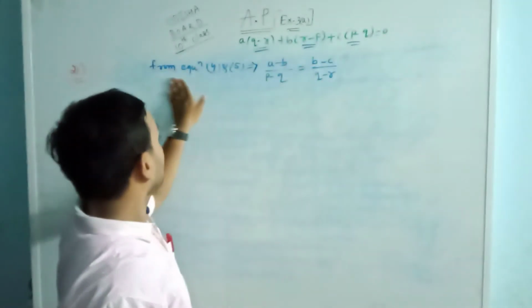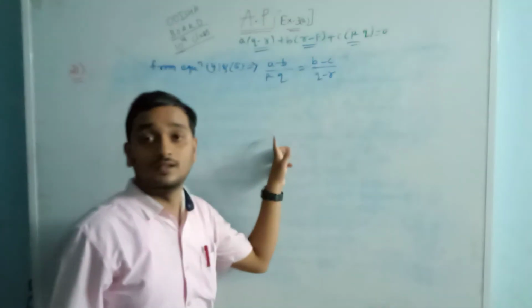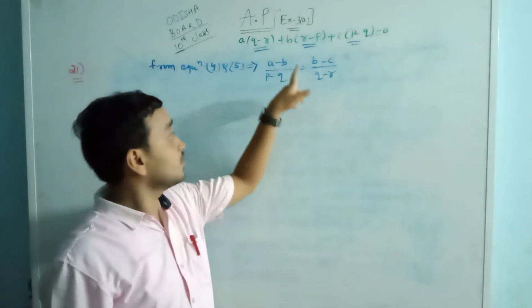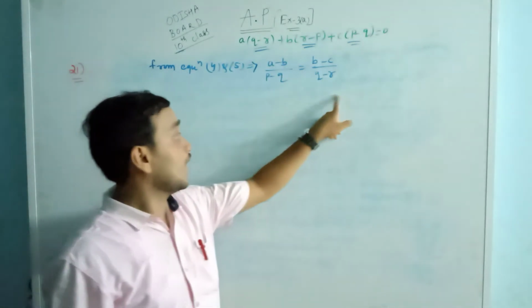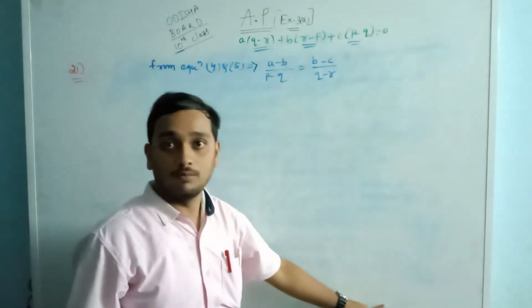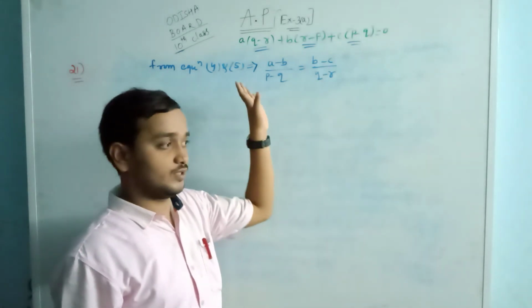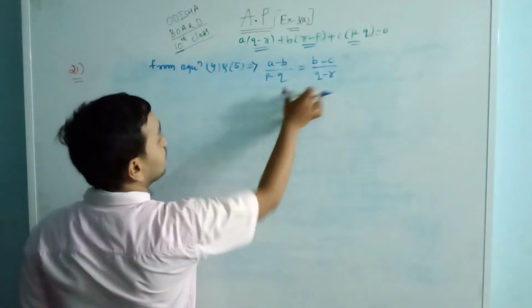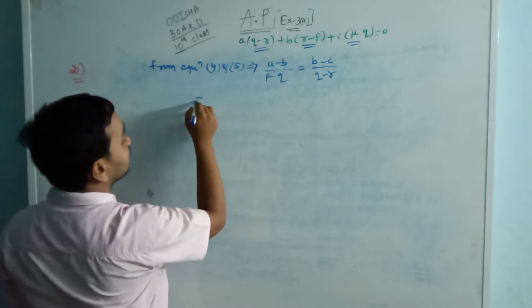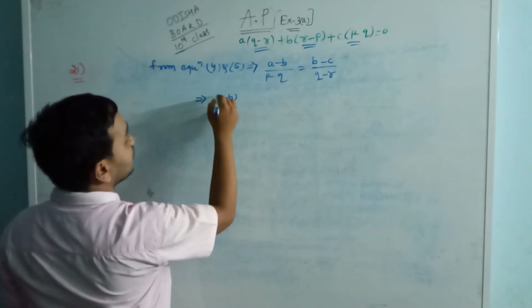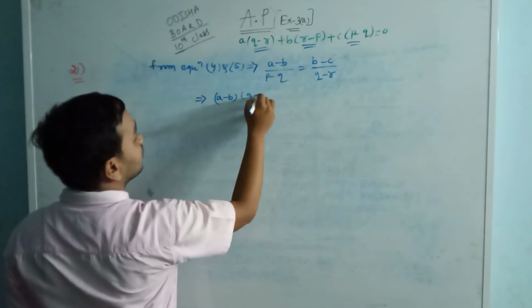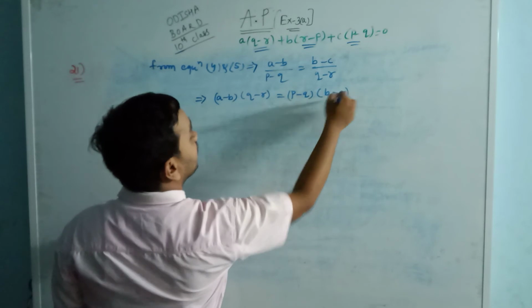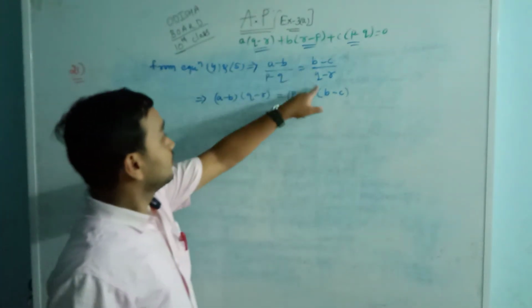Okay, see, from equation 4 and 5, what we get previously, this sum, A minus B by P minus Q, B minus C by Q minus R, because this is the D value in equation 4, and this is the D value in equation 5. Both are equal. Now solve these two equations. Cross multiply. A minus B, cross multiply Q minus R is equal to P minus Q, B minus C. Okay, see, cross multiply.